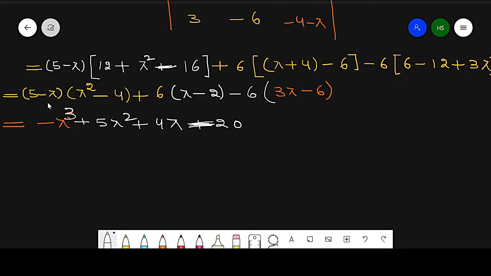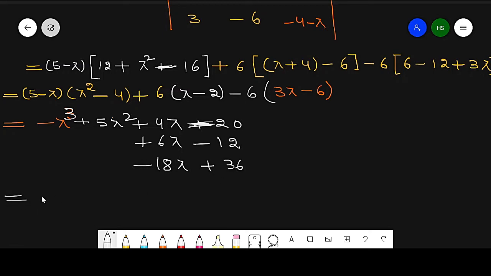So we get four terms, two from this and two from this. Now plus 6 lambda minus 12 from this, and here minus 18 lambda plus 36.